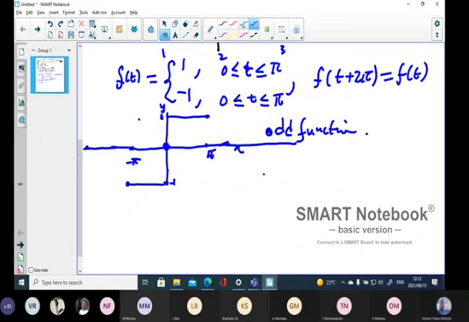So from here to this point here, and then the center point. So let's say this is 2 pi and this is 3 pi. Then from this point to this point, this will be the case. And then from this point to that point.